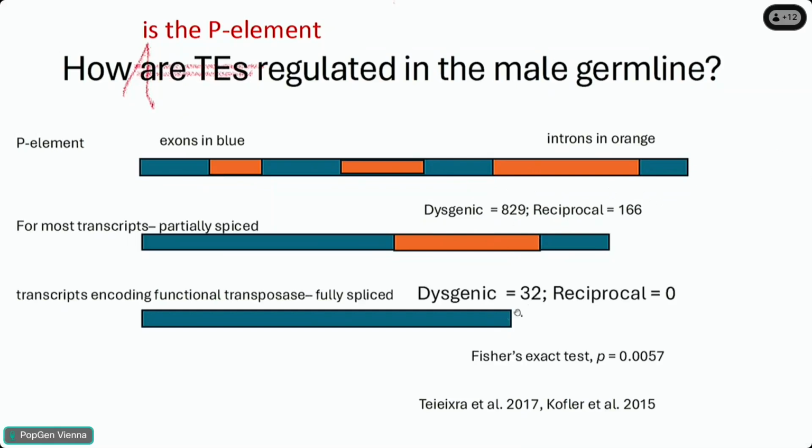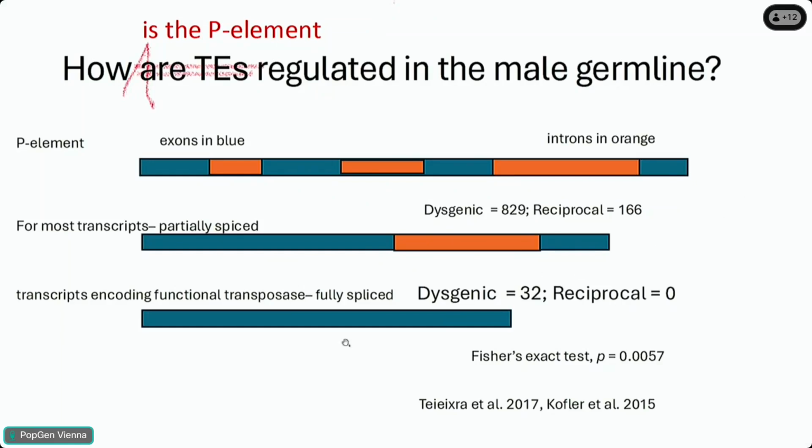But also, proportionately, those transcripts are more often spliced. And when you do the stats, it's significant. We have 32 spliced transcripts across all our dysgenic samples and none in the reciprocal samples, even though if they were spliced at the same rate, we'd expect, I don't know, 10 or something.